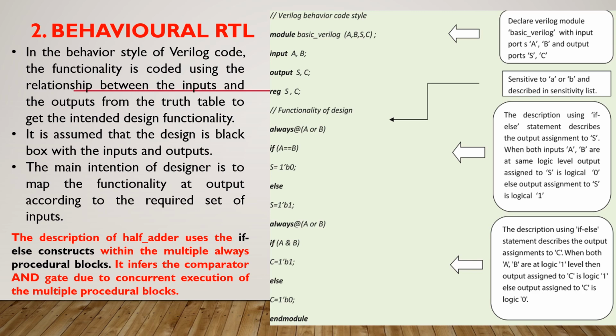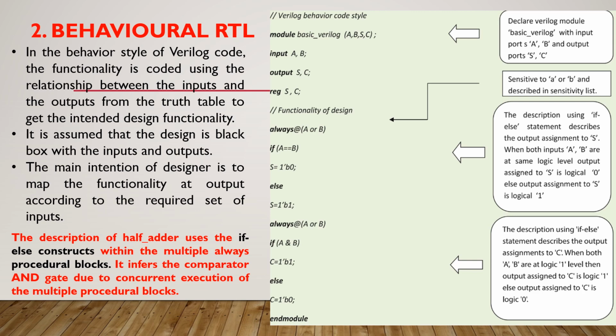By using that relationship, you design your intended design. Here we have taken the half adder as the example. We assume that it is a black box. Inside the black box we don't know what it is. So without knowing the inside of the black box, only by understanding the relationship between input and output, you are going to write the program, right?